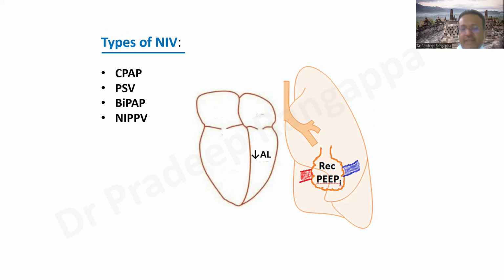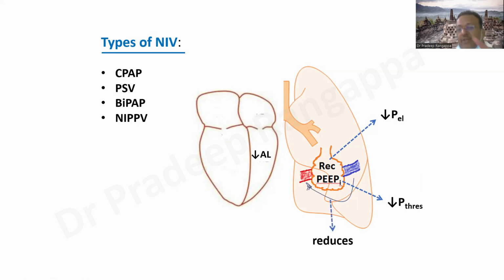So as I said, any NIV you give reduces afterload. When there is effective recruitment of the alveoli, which we understand happens with NIV, this recruitment helps in reducing the elastic pressure. So it overcomes the elastic pressure, and the intrinsic PEEP or the PEEP you provide in the ventilation helps to overcome the threshold pressure, which I mentioned.